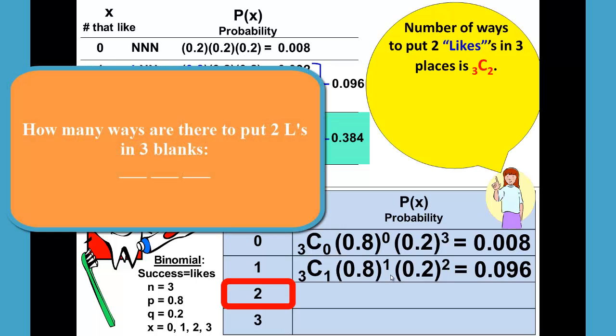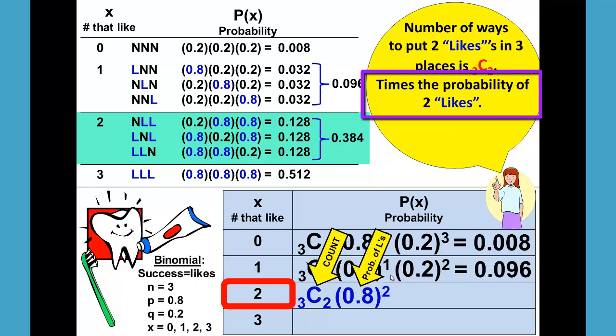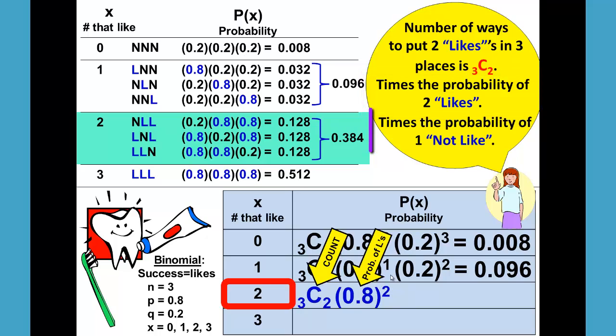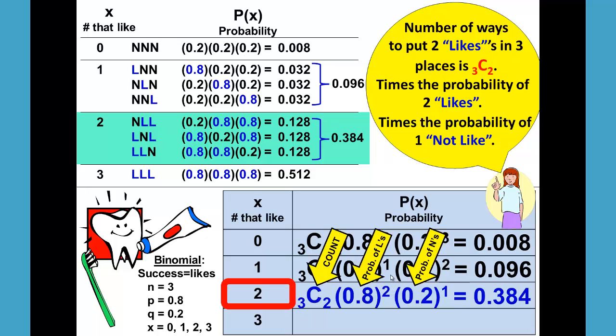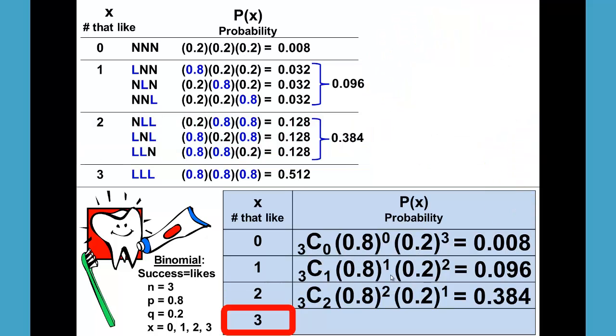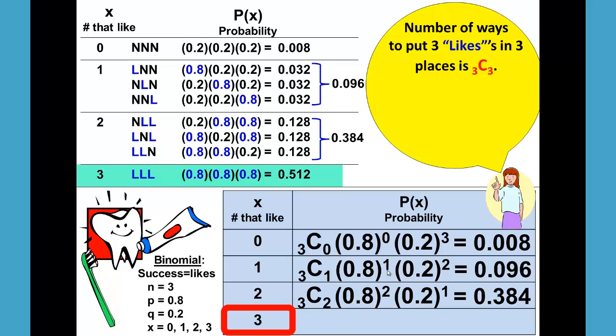The number of ways to put 2 likes in 3 places is 3 choose 2 times the probability of 2 likes, because we want 2 of the children to like the toothpaste, would be 0.8 to the second, times the probability of 1 not liking would be 0.2 to the first power, and that gives us 0.384.